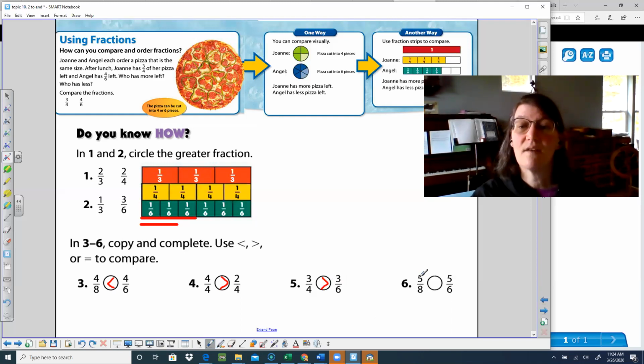Okay, again, we have the same numerator. Two fractions have the same numerator. The fraction with the greater denominator is the smaller fraction. Do your alligator mouth. And hopefully you marked it like that. Okay, on to the next page.